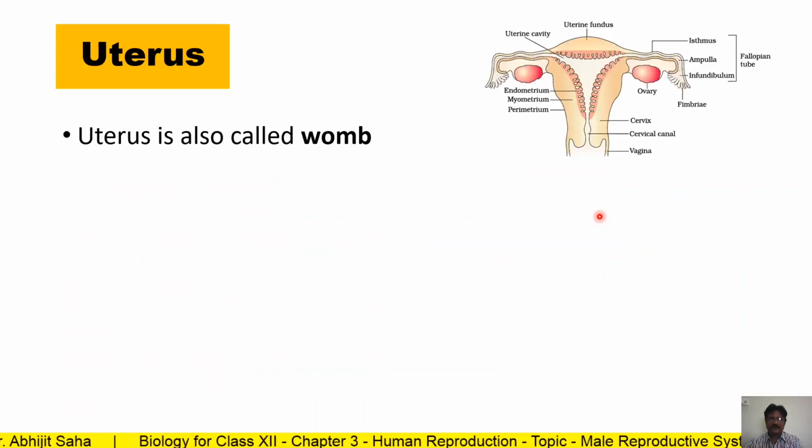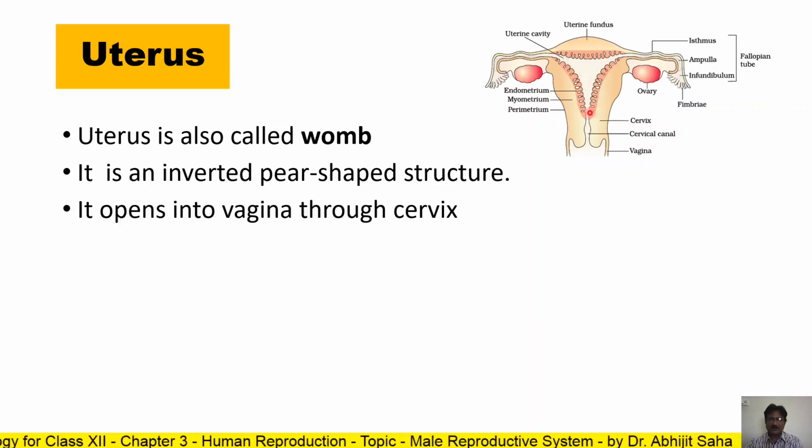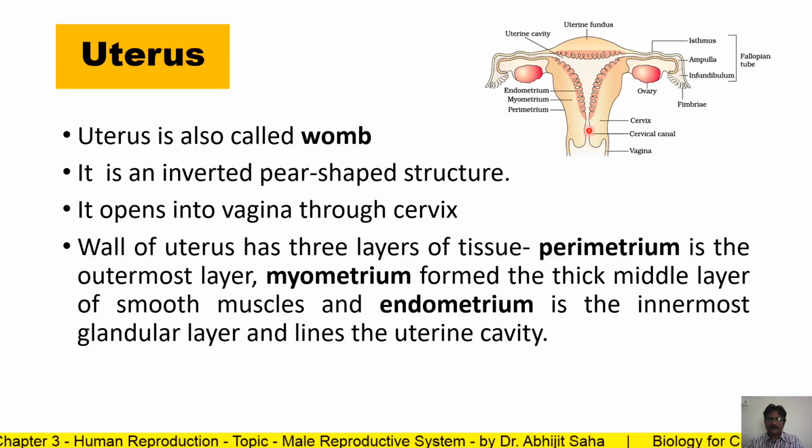Let us see the structure of the uterus. The uterus is commonly known as the womb. It is an inverted pear-shaped structure, which opens through the vagina. The wall of the uterus, the uterine wall, has three layers. The outer layer is the perimetrium, the middle layer is the myometrium, and the innermost layer is the endometrium.